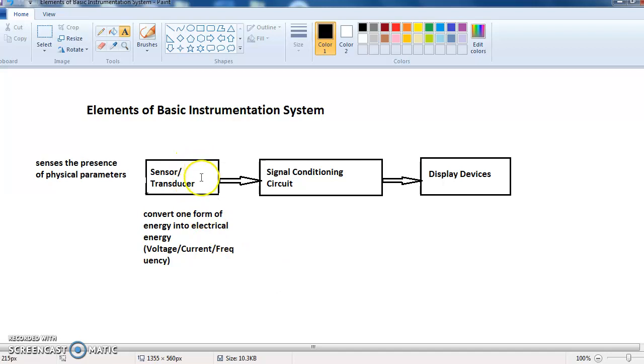We'll see the difference between sensors and transducers in our next lecture. But for the basic elements, you just understand that sensor is a very important element which senses the presence of physical parameters. These physical parameters can be temperature, pressure, flow, level, displacement, anything.